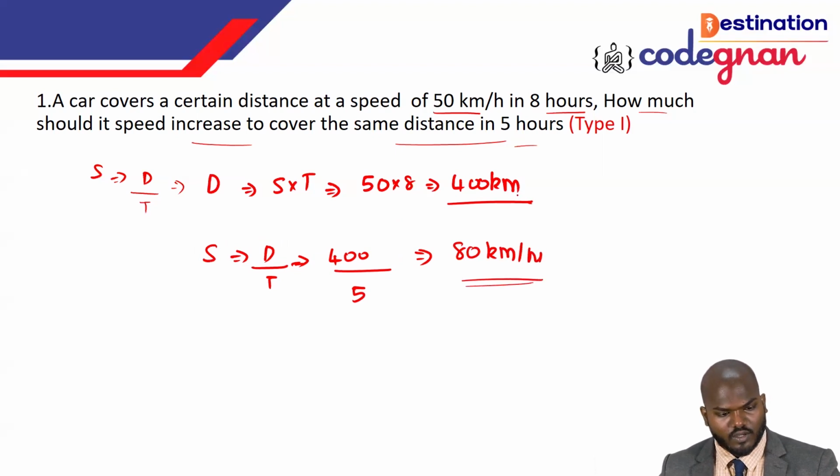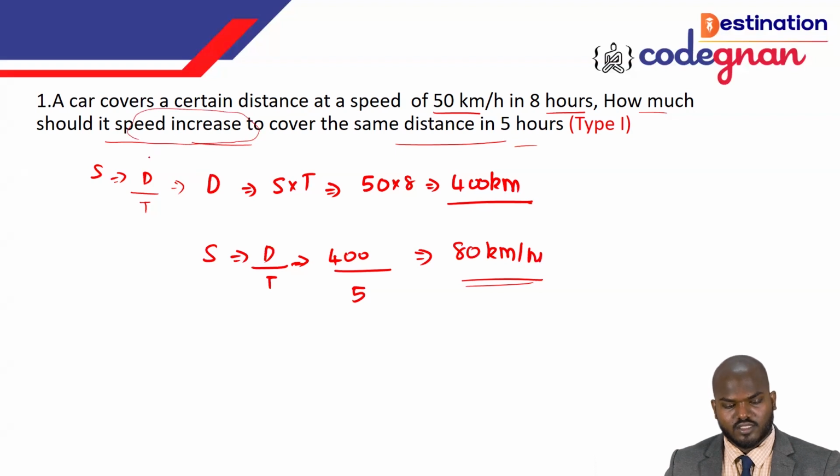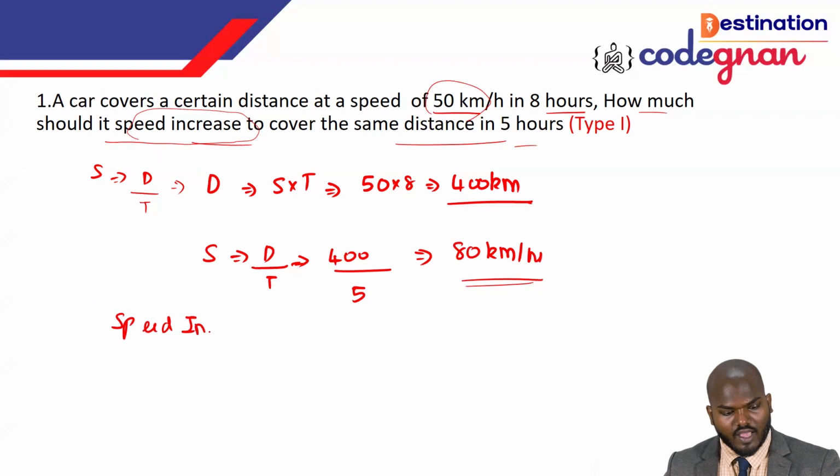But you see this one, they are asking how much should the speed increase? Then we need to take it in a different way. If you say 80, then it is wrong. Speed increase means you want to find the speed increment.